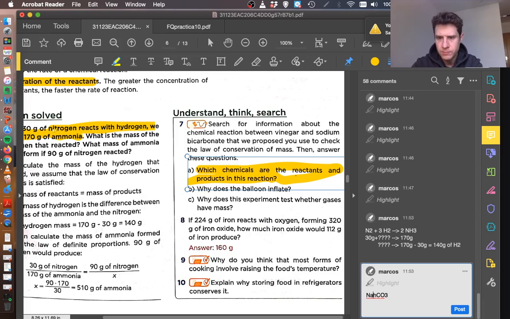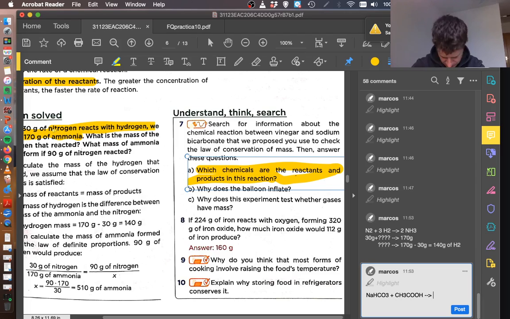NaHCO3, that's sodium bicarbonate. And vinegar is this: CH3COOH.